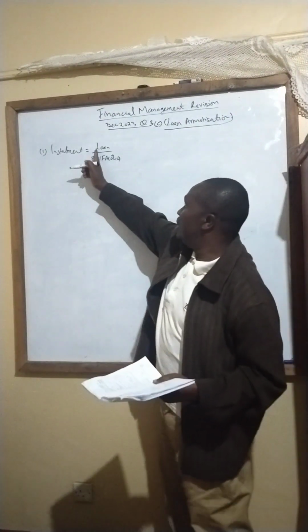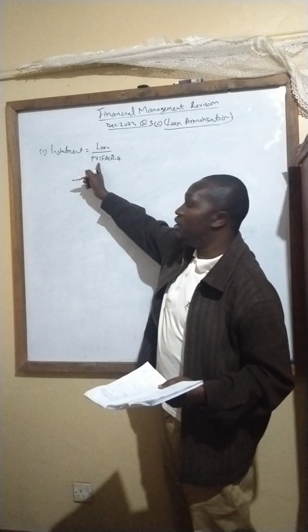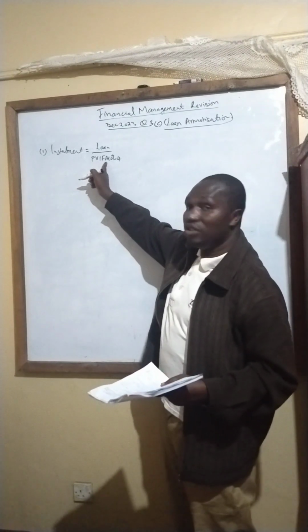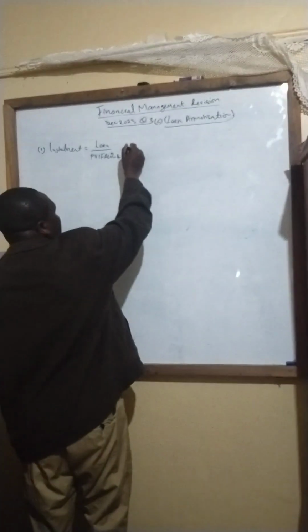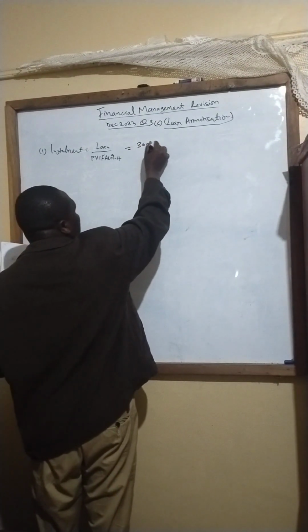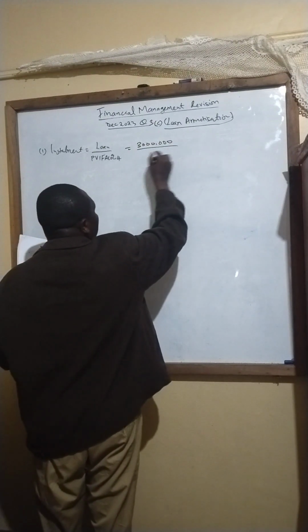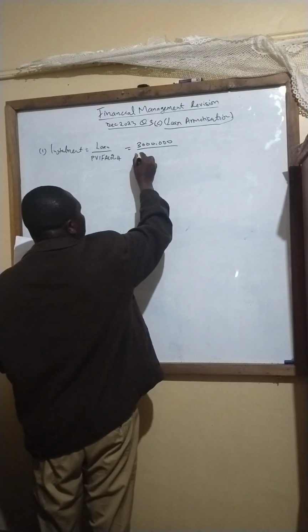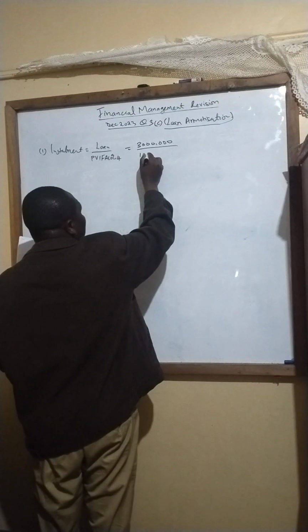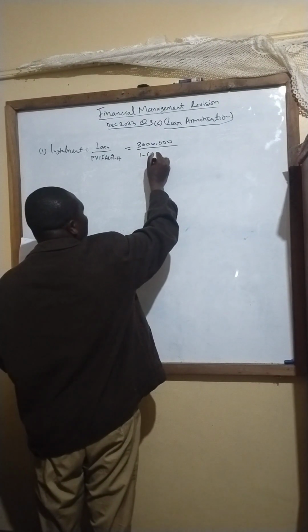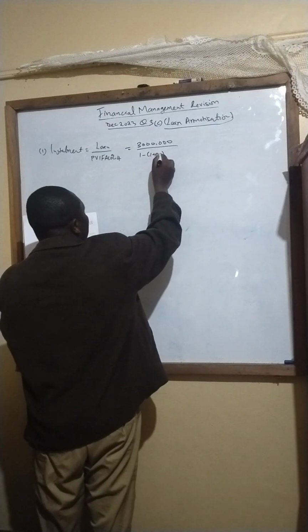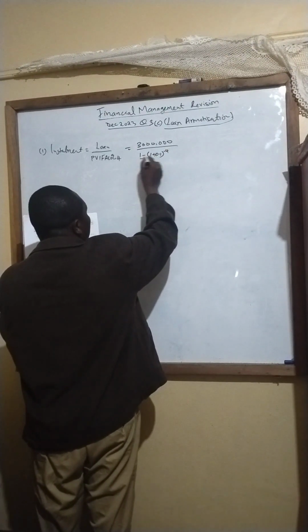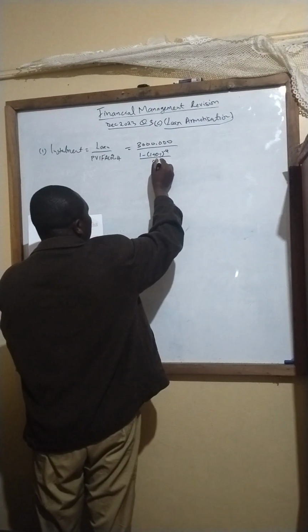So in this case, loan divided by present value interest factor annuity at the rate of 10% for 4 years. Therefore, I take my loan of 3 million here, you divide by the present value, which is 1 minus (1 plus R) power negative 4, where R is 0.1, divided by R, 0.1.